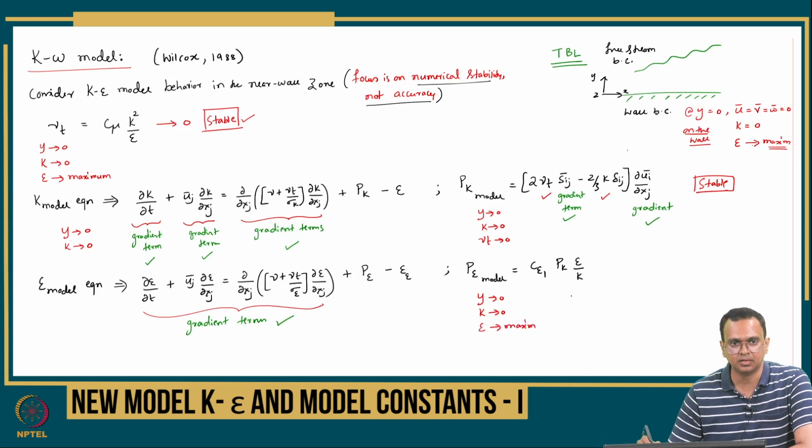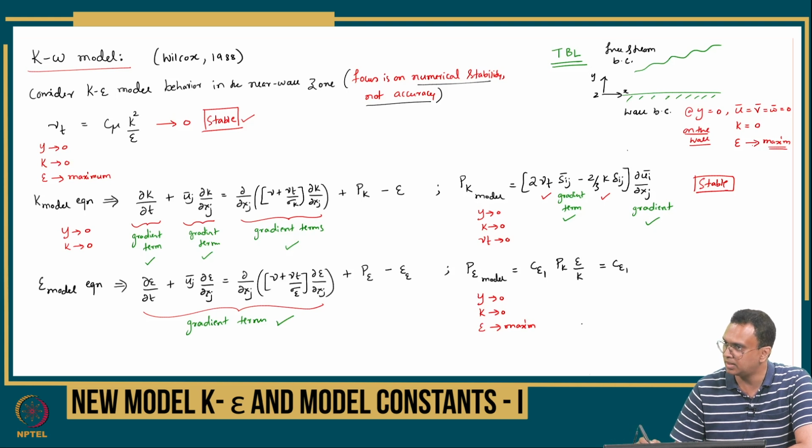Now this appears like it is going to give a stability issue, right? Pε model, as y tends to 0, k tends to 0 means Pε tends to infinity, but it is not. If you implement it like this, yes. Let's expand what is Pk, because Pk is fine. So sometimes while writing code you have to be careful how you write it. If you implement it in a way where the code will blow up, that is, you will get something like divide by a very small value or 0, then your code can blow up.